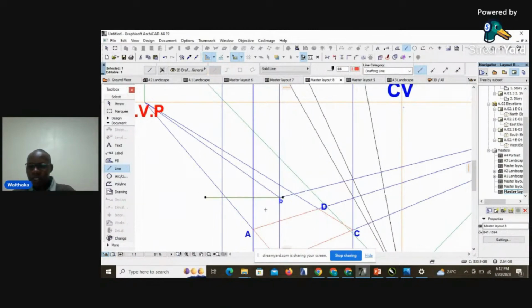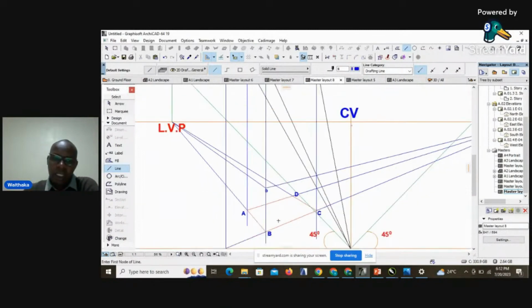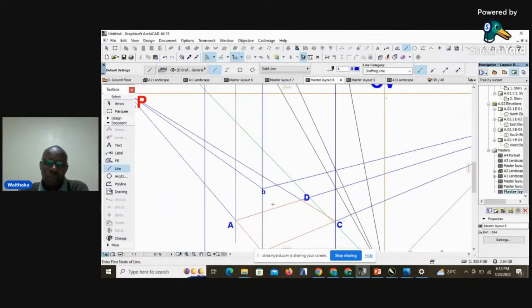And maybe I can delete this so that we can see clearly how the perspective is coming out. And from those two lines, now you can tell that we already have point A and we already have point C because they are vertically above each other.